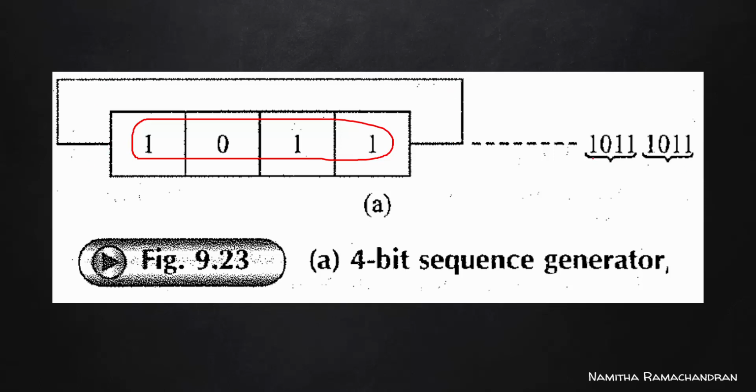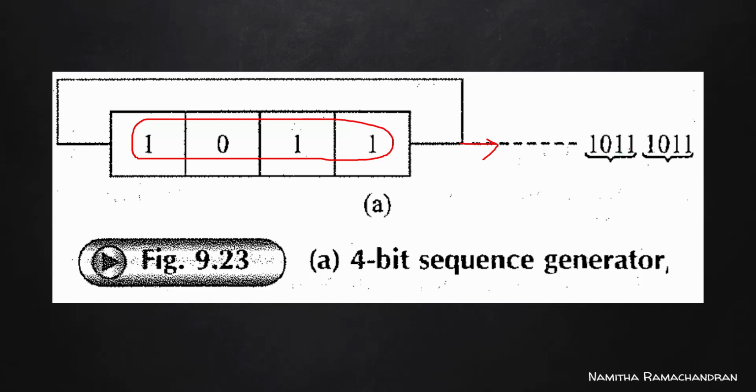See, it will repeatedly generate the same pattern, 1011, 1011, in every four clock pulses. And this is not parallel outputting, it is outputting serially. That means this is the case of serial input, serial output. Okay, so it will generate the same pattern after 4 clock pulses.